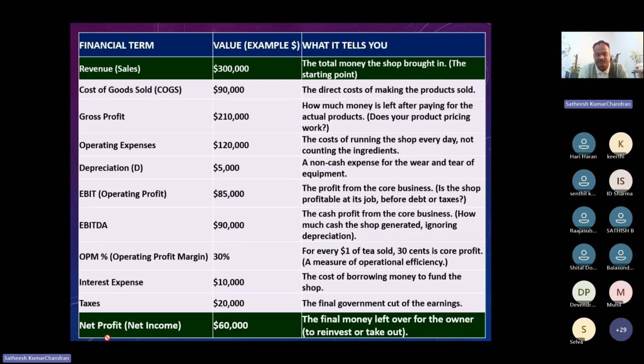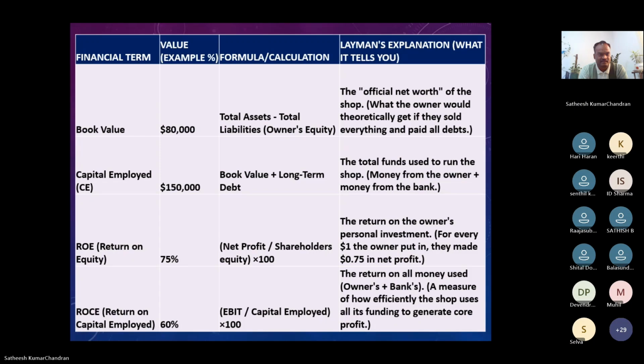What we have to see critically is net profit. Out of $300,000, the net profit is only $60,000. And based on this report, if we see book value, like our assets, the net worth of the shop, assets this much: utensils, equipment, air conditioners, even kitchenware, everything put together is for example $100,000 or 100,000 rupees.